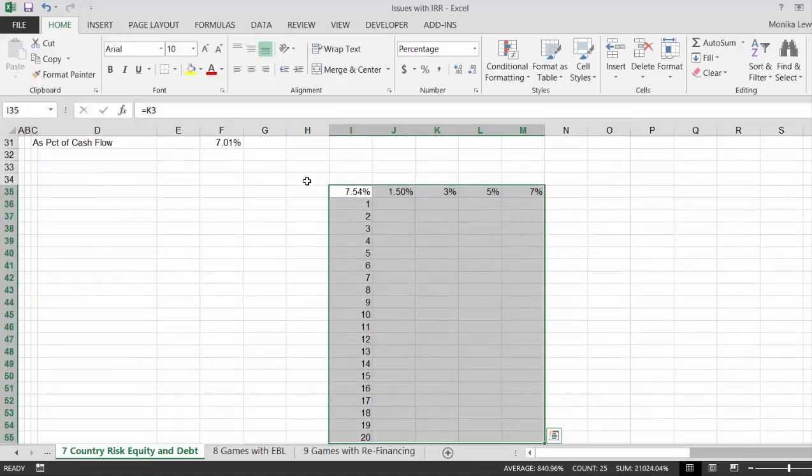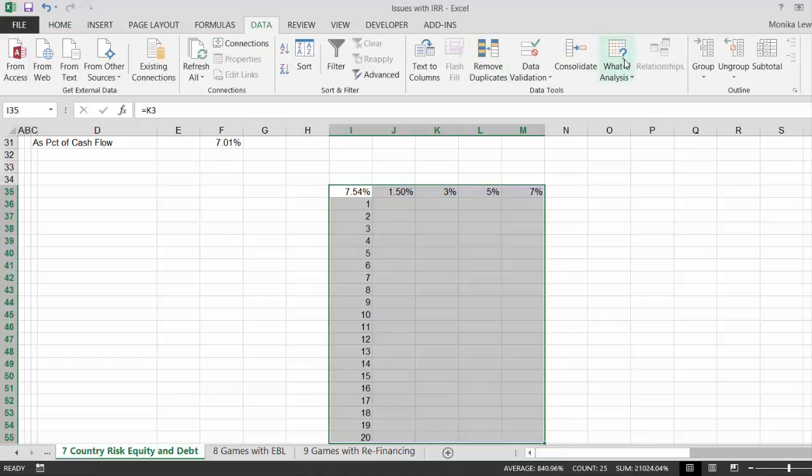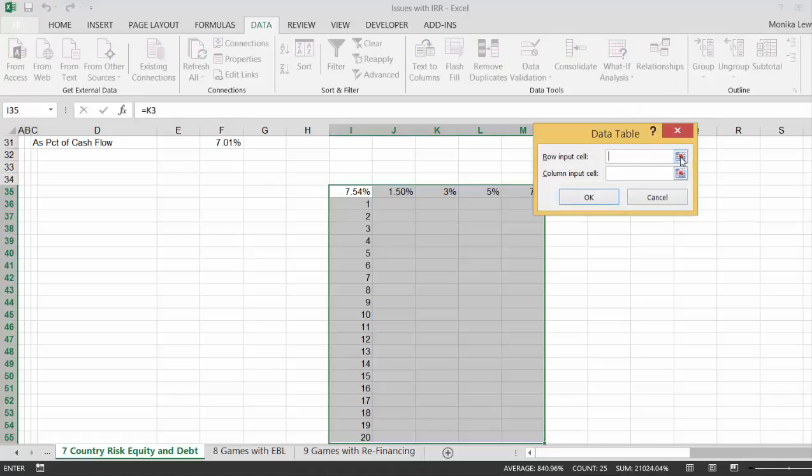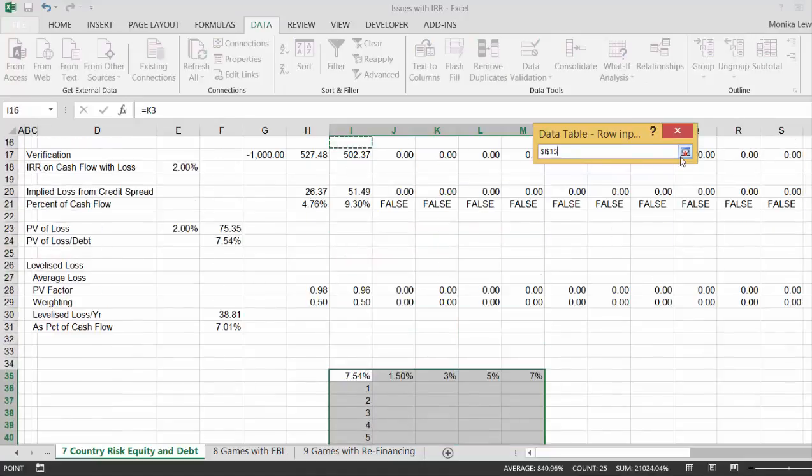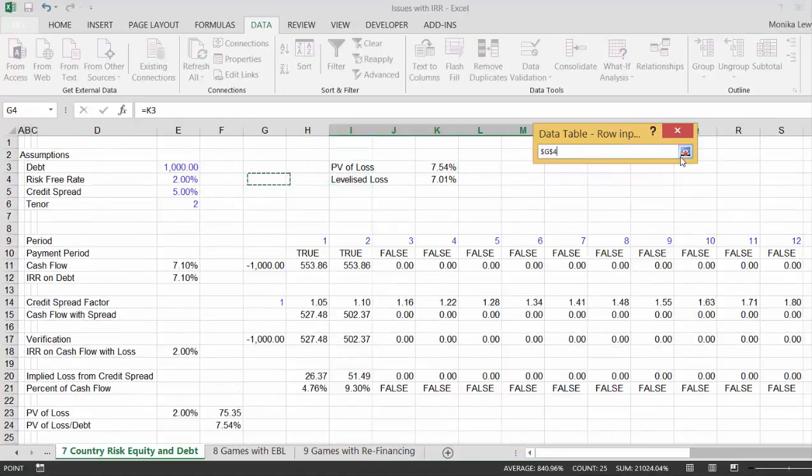Shift Control right arrow, so you can put Shift Control space there too, and then you go to Data, What-If Analysis, and Data Table, and the row input is the credit spread and the column input is the tenor.